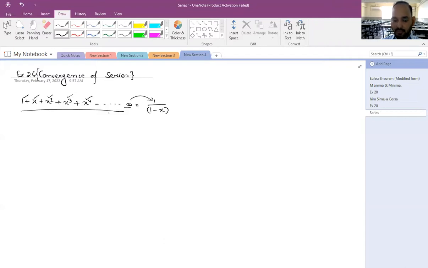Now, when I'm adding these infinite terms and getting a finite value, we say the series is convergent.